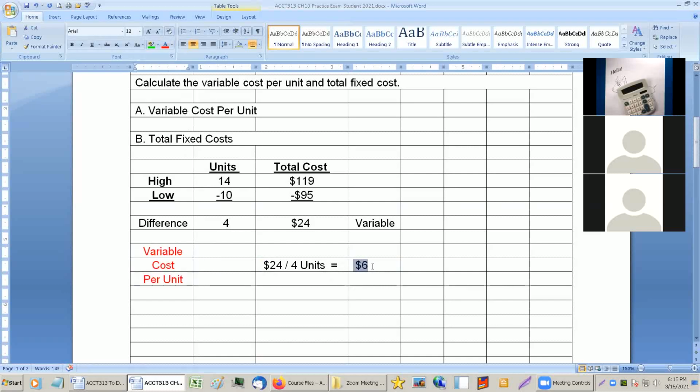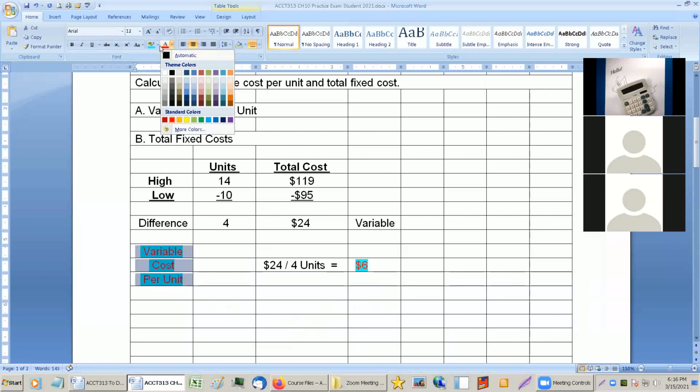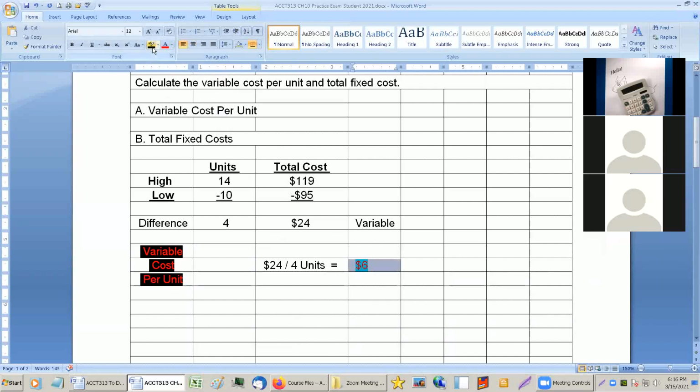Let's make it red. Yeah, it doesn't show up enough. A little shocking. Maybe we'll tone it down a little.